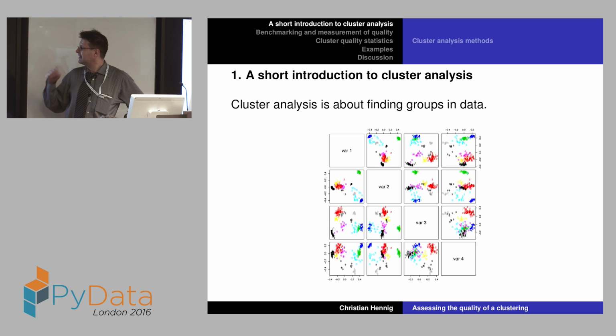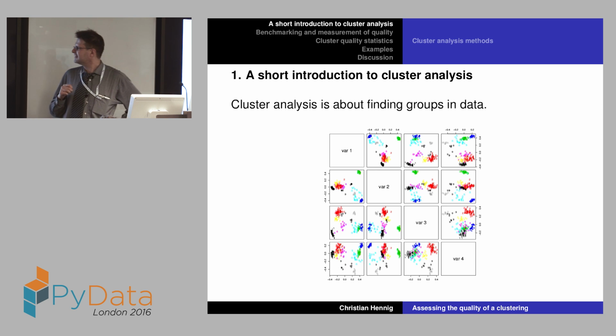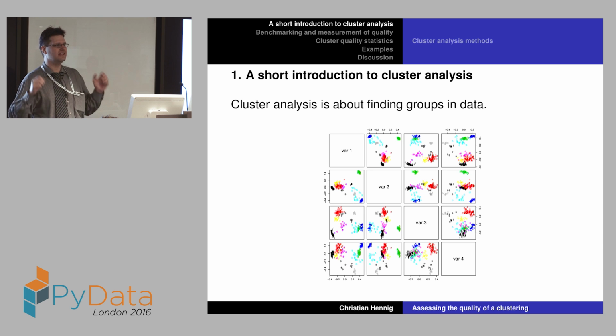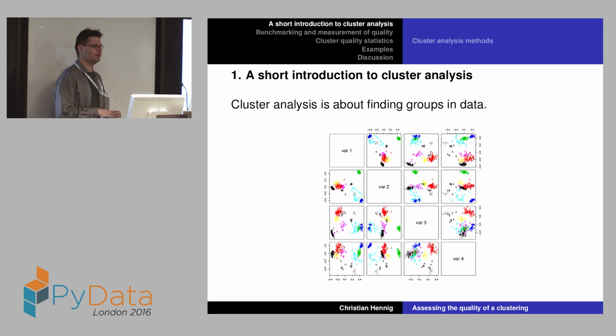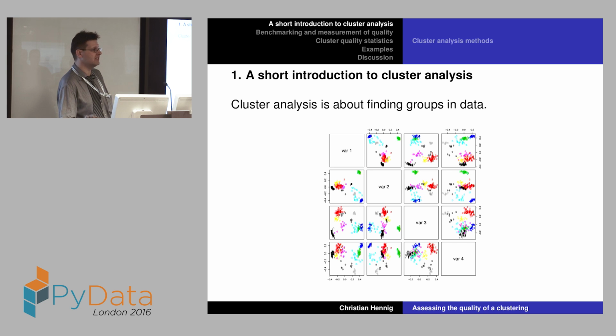What you see here is a four-dimensional data set. All the objects in this data set are actually Bs. So they are tetragonal Bs. And these four variables that you see here represent some genetic information about the Bs.